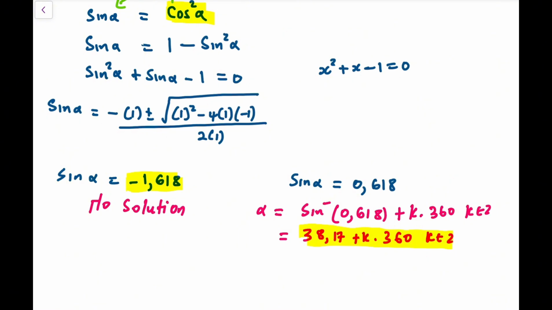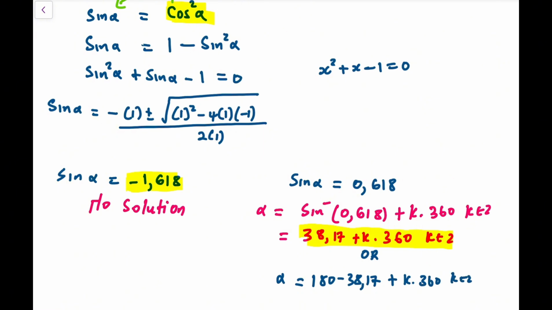And then another solution, remember, we are dealing with sine, so it's 180 minus. So it's going to be alpha. You are going to say alpha is equal to 180 minus 38,17, and then plus k multiplied by 360.